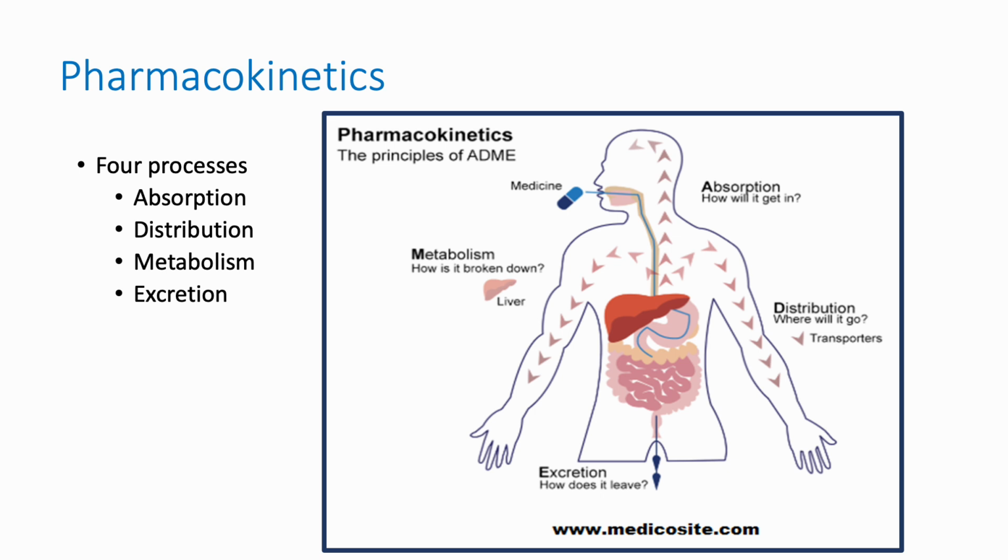Also helping the kidneys in some drugs are the liver, the GI tract, the lungs, and the exocrine glands. But again, the organ most responsible for drug excretion is the kidneys. That's why you want to be super careful and cautious if you have a patient who has decreased renal function. You're going to really need to monitor for medication toxicity in these patients.